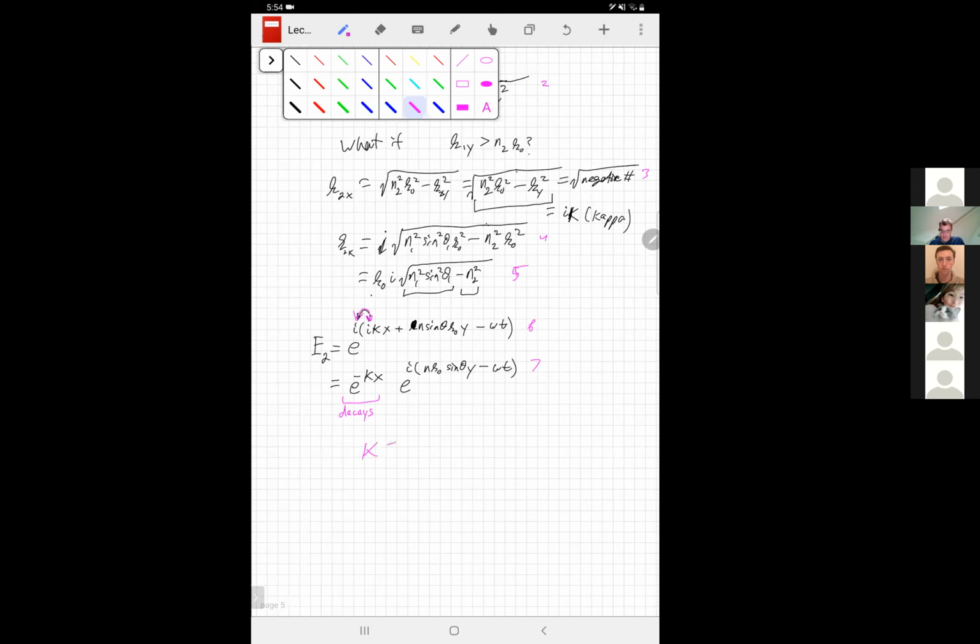So kappa will be k naught square root of, let's say, 1.5 squared times sine theta squared, where sine theta might be like 0.8, minus, let's say n2 is just 1, so we've got glass and air. Let me just do this on a calculator.